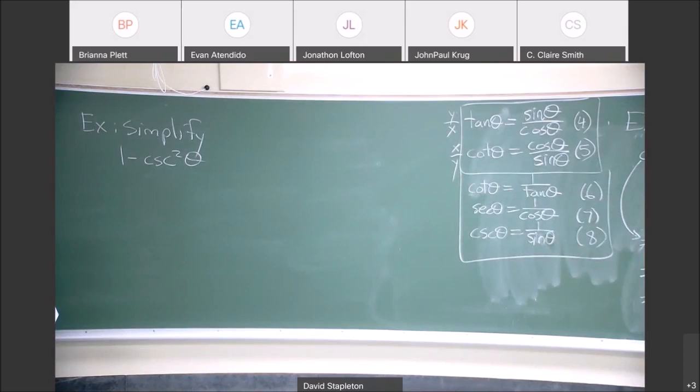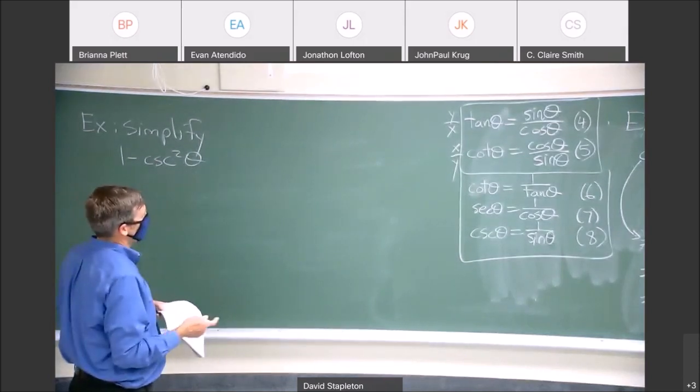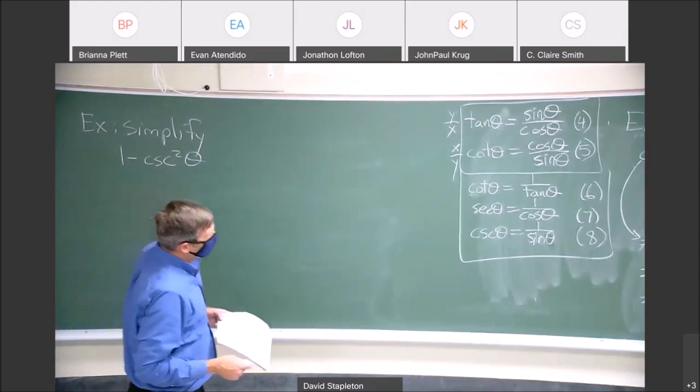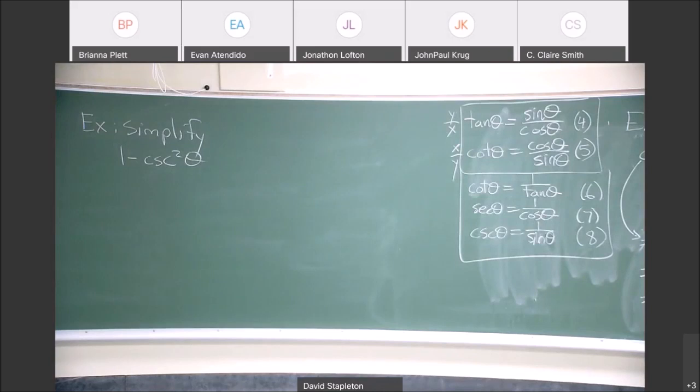This one you can write in terms of sine and cosine, but it actually isn't going to help you that much. Instead, we want to go to the Pythagorean identity. The easiest thing to do is say, wait a minute, I remember seeing a 1 and a cosecant squared somewhere. Maybe I can do something with this.